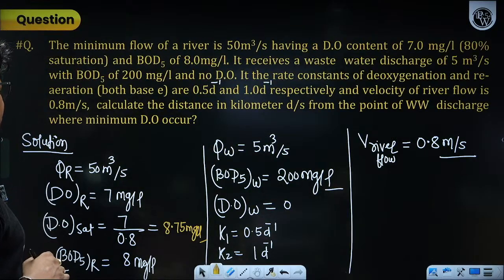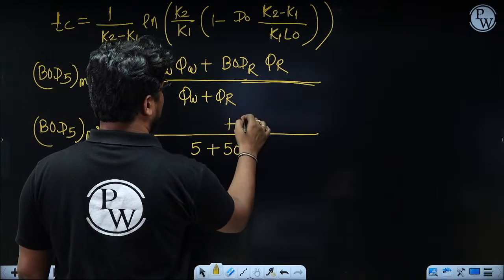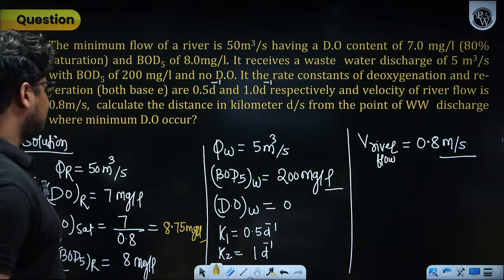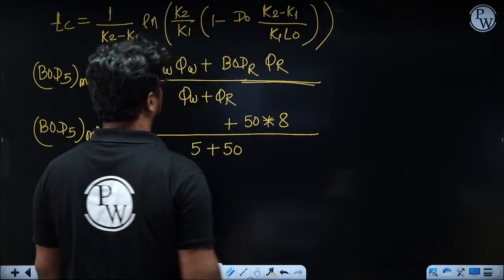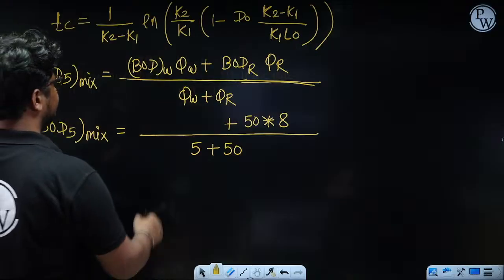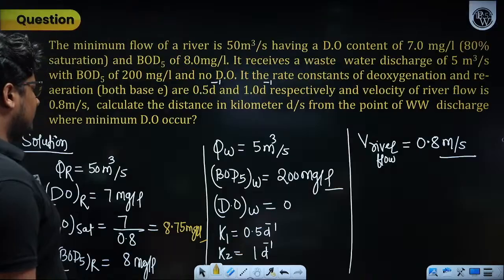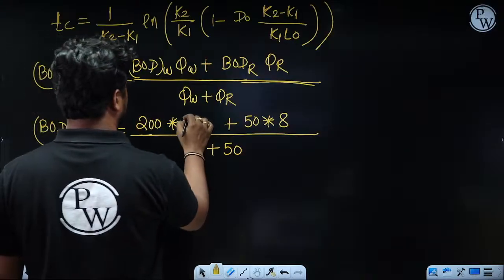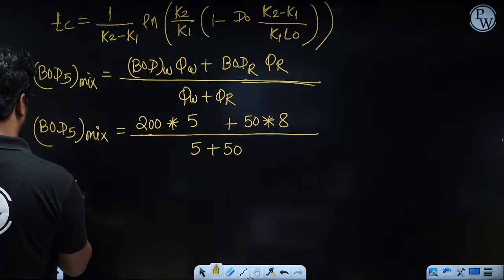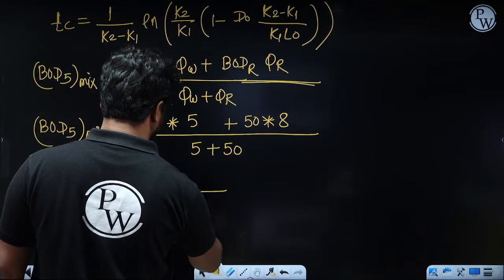QR is 50 into BODR, and BODR is 8, which is given to you. BOD5W is 200 into QW, which is 5. So BOD5 mix, how much are you getting?